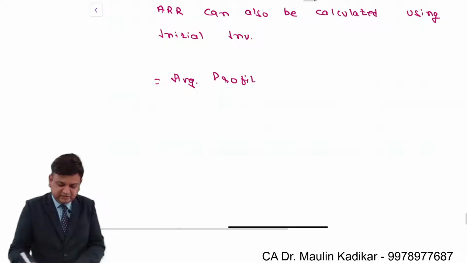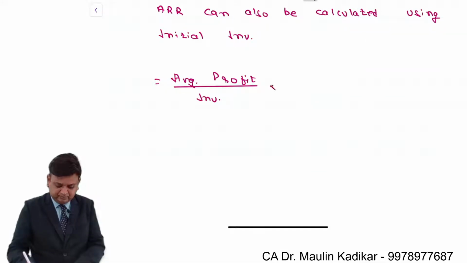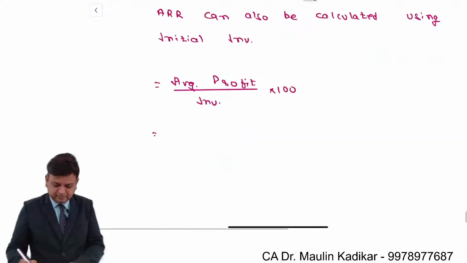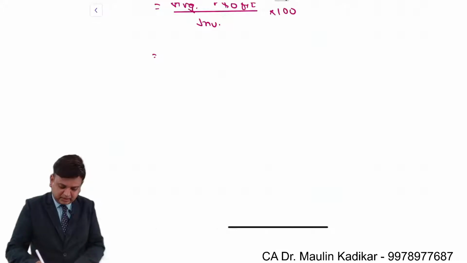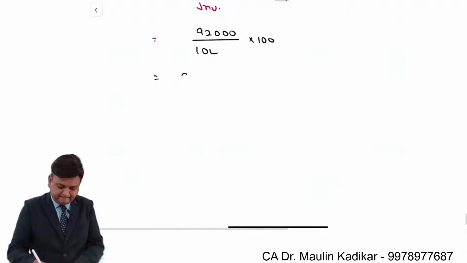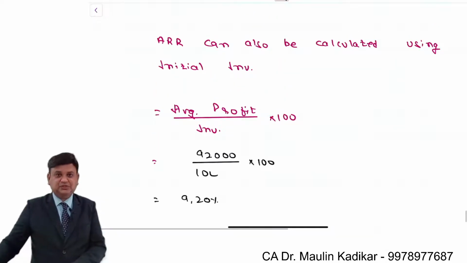It is average profit upon investment into 100. So 92,000 divided by 10 lakhs into 100, 9.20%.